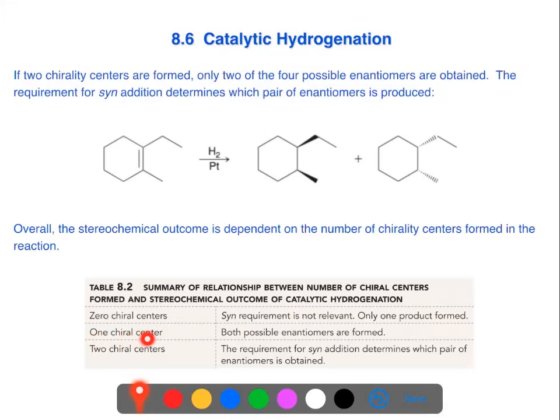If one chirality center is formed during the process, then we'll see both possible enantiomers are formed. So hydrogen can add again from either side, depending on how that alkene approached the metal surface. And if there are 2 chiral centers formed, as we saw in this top example here, we're only going to observe the products resulting from syn addition. So a pair of enantiomers will be formed.